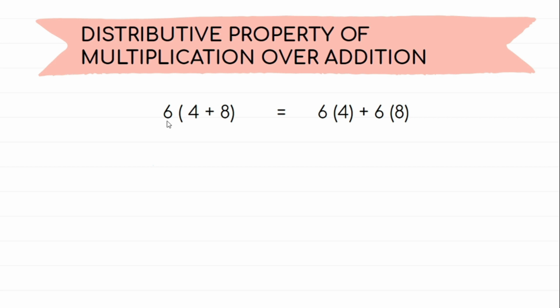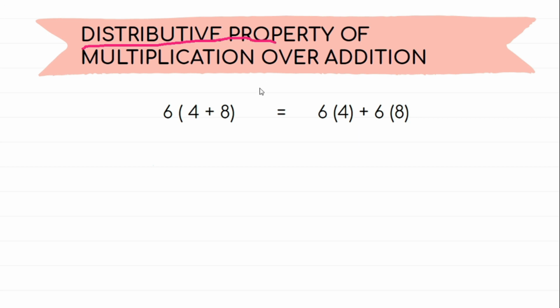So, I have here 6 multiply by the quantity or yung ginroup natin na 4 plus 8. Di ba ang karaniwan natin ginagawa, we need to add first kung ano yung nasa loob ng parenthesis. Tama? Okay, tama. Pero pwede din naman na i-distribute muna natin siya by the word itself, distributive.